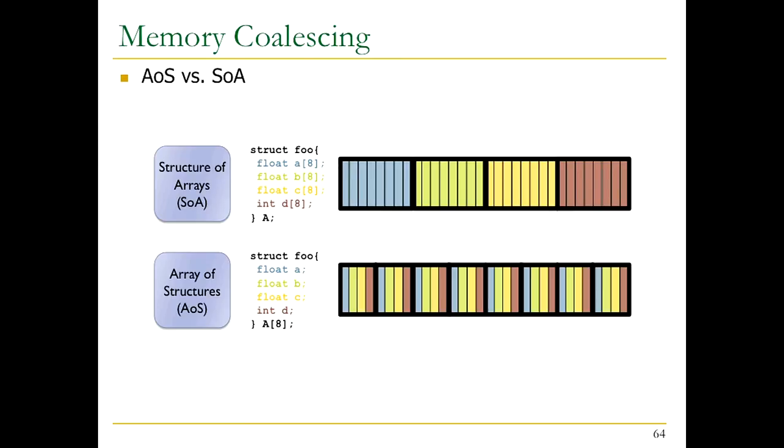Why? Because if we assign each of these structures to each of the threads of the GPU, in one particular iteration or one particular access in our GPU code, we will have thread 0 accessing this blue element, thread 1 accessing this blue element, thread 2 accessing this blue element.